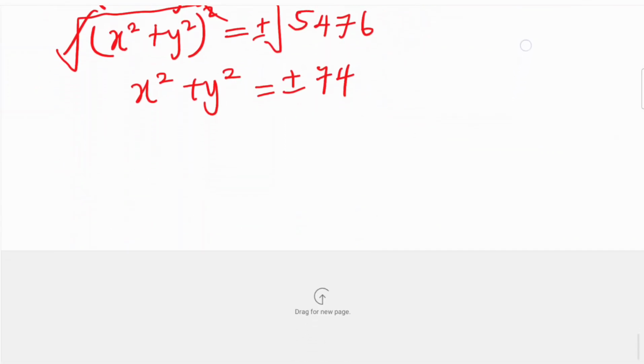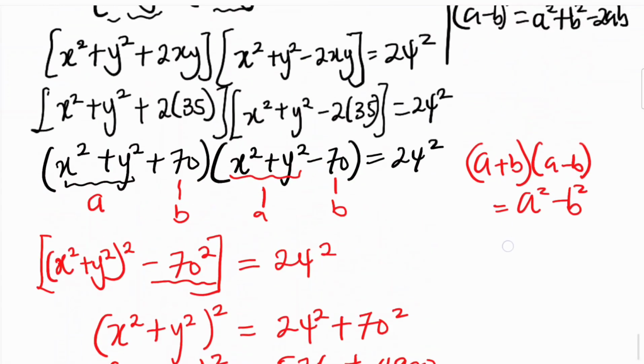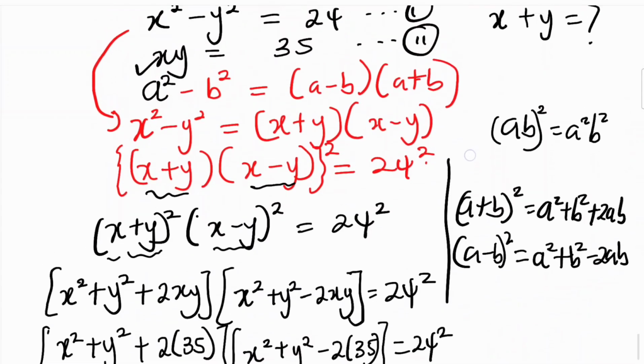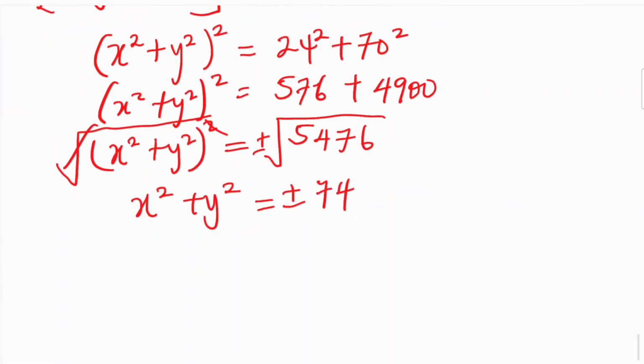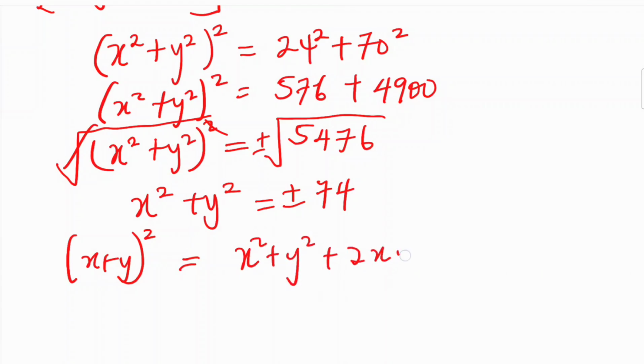Remember, our goal here in solving all this is just to find the value of x plus y. So when we decide to have (x plus y) all squared, we know that this is a special identity which gives x squared plus y squared, then plus 2xy.